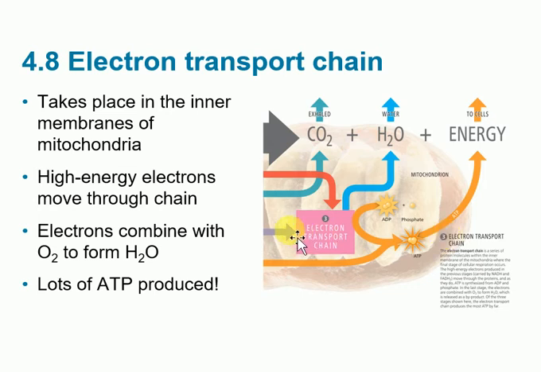And the high energy electrons that are coming in the form of hydrogen are going to come into this chain, and you get the oxygen to use it to take the energy out. You produce a lot of ATPs. This is the whole remaining part. Like if you make 38, you got 2 and 2 from glycolysis and citric acid cycle, and everything else, like 34 or something, you get from the electron transport chain.